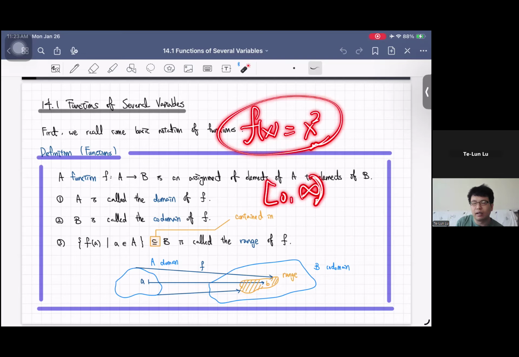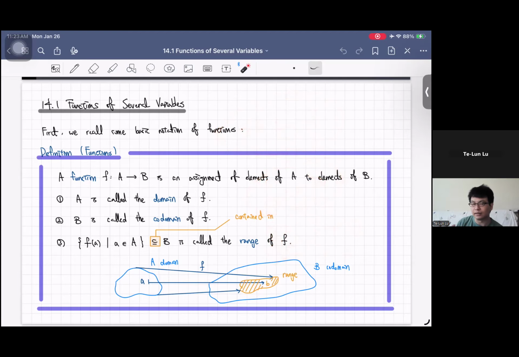Anything positive and in fact, anything non-negative can be achieved by this function. But f of x cannot be negative, right? It is not possible for it to be negative. So the range of f will be actually every positive number and zero. Those are the possible achievable values or elements for f.